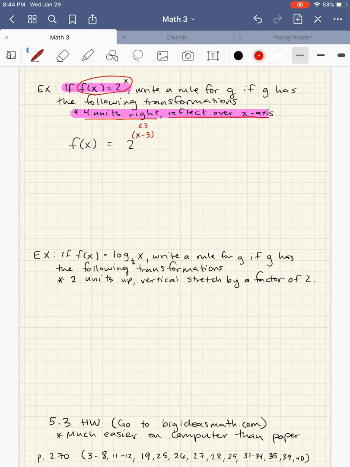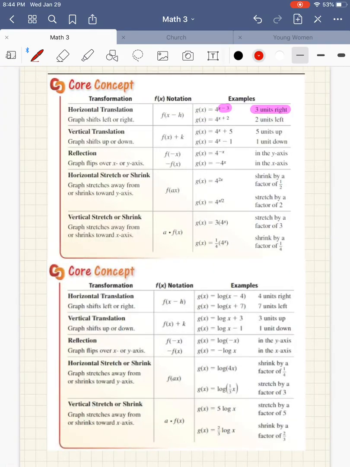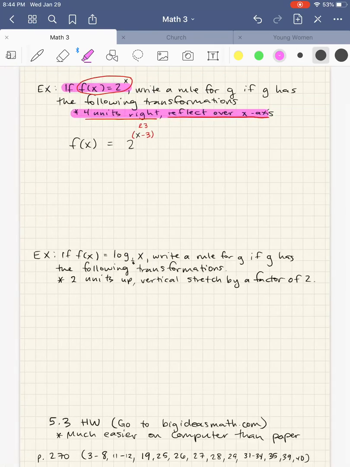Okay? And then how do we reflect over the x-axis? Let's look for it, reflect, x-axis. Looks like what we need to do is put a negative out front. So over here, I'm going to put a negative out front.